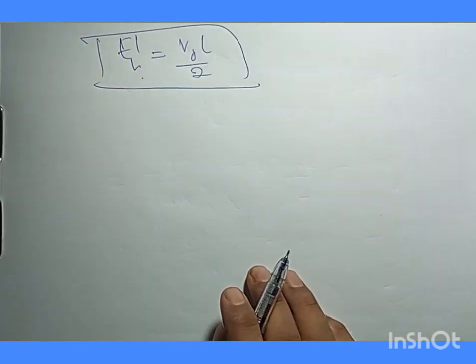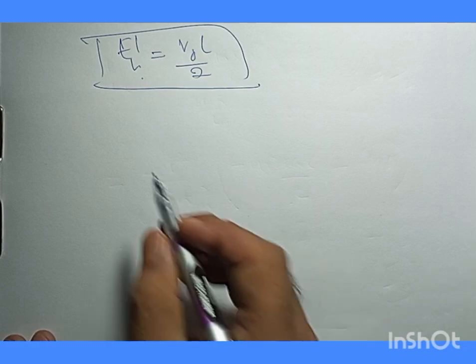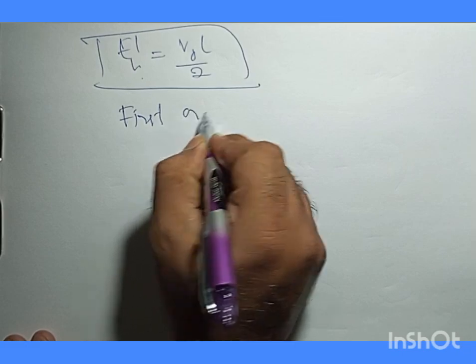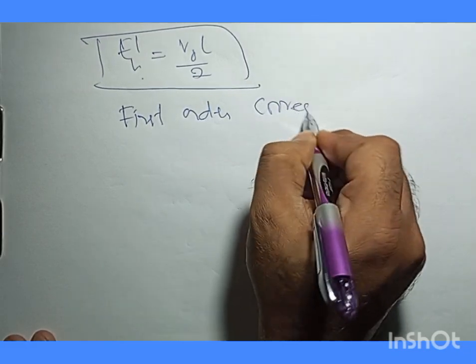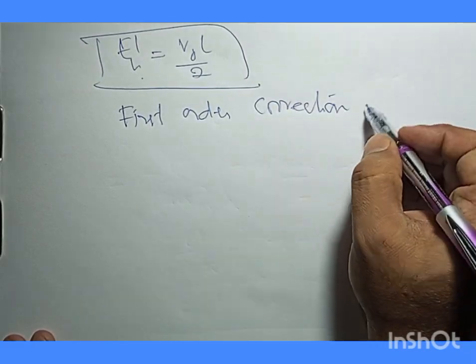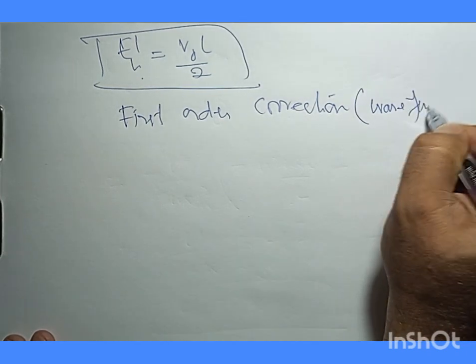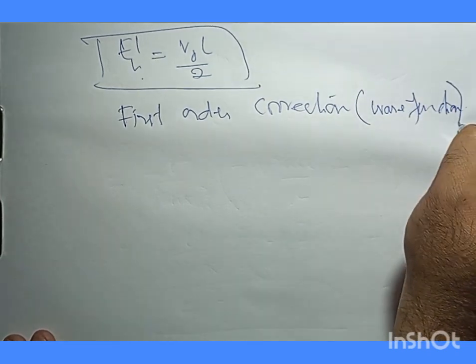Now, for the same problem, let's look for the first order wave function correction. And we know from our lectures on the correction to the wave function in the non-degenerate case, we have the first order correction of the wave function, or eigenvector.